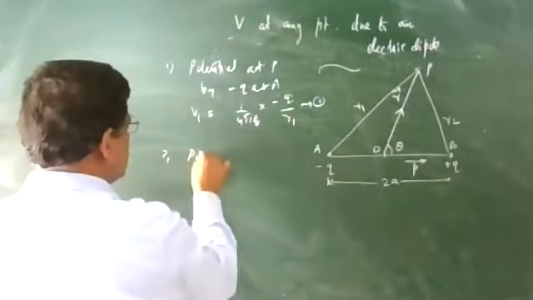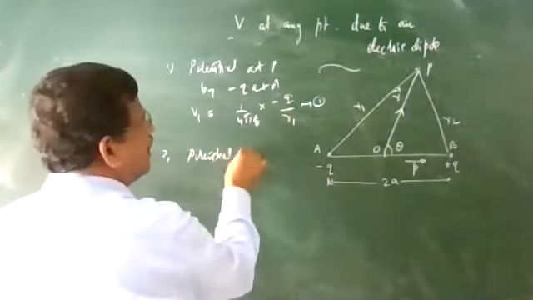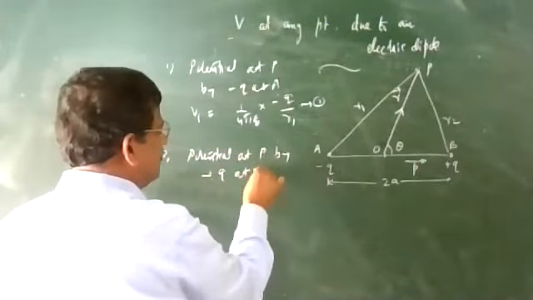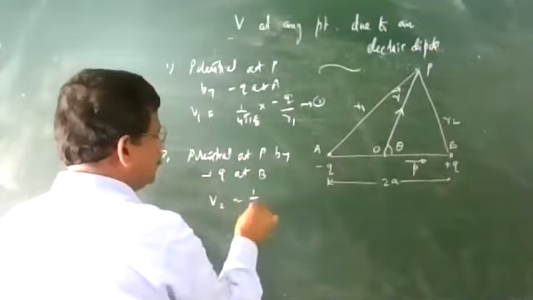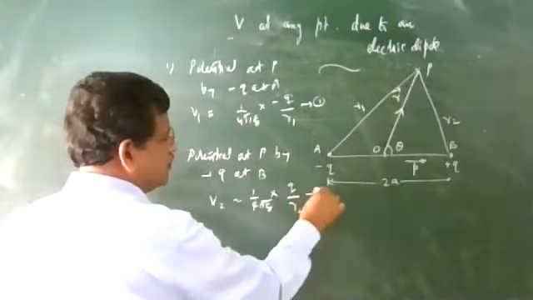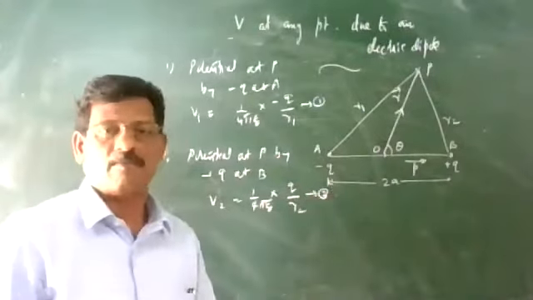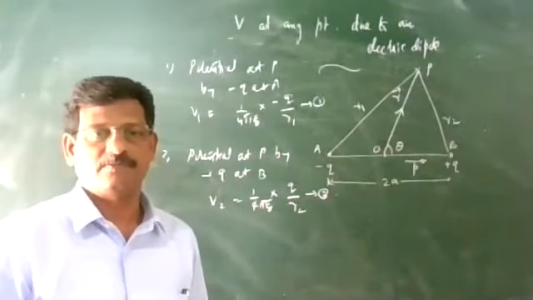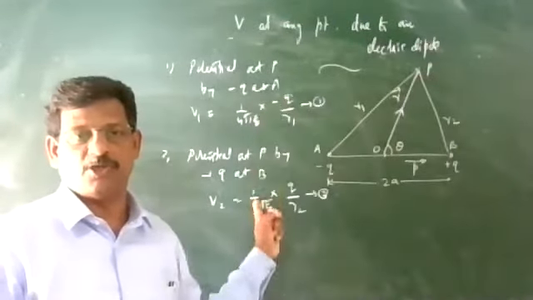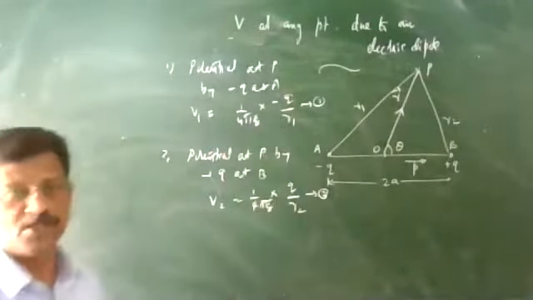Second point, potential at P by plus q charge which is at B, that is V2 is equal to 1 by 4 epsilon 0 into q divided by r2. Minus charge produces negative potential, positive charge produces positive potential.